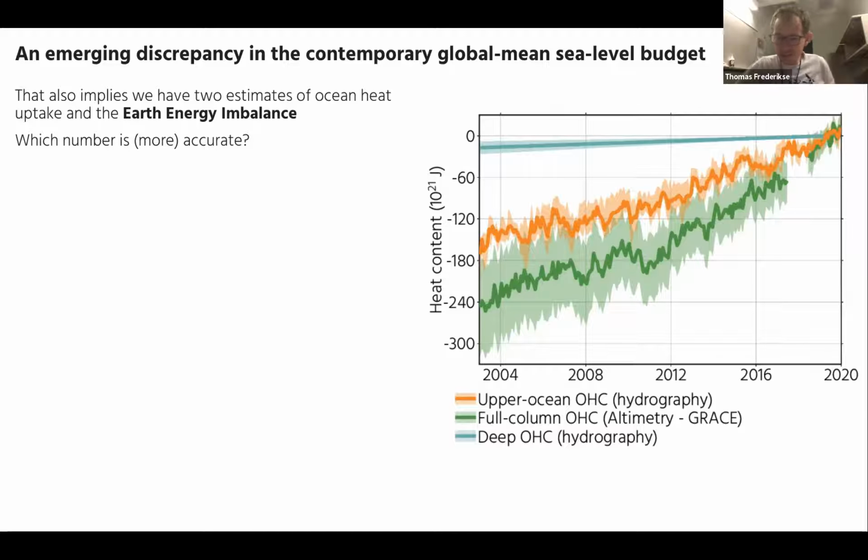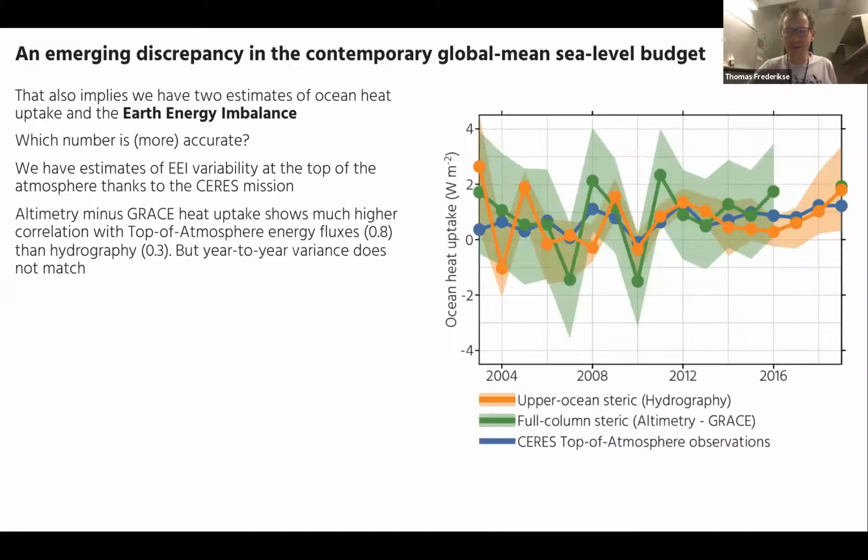So to add a bit to this puzzle of what this difference in ocean heat content means, we went again back to space, where we have observations of the ingoing and outgoing fluxes at the top of the atmosphere. The long wave and short wave heat fluxes at the top of the atmosphere are measured by the CERES mission.